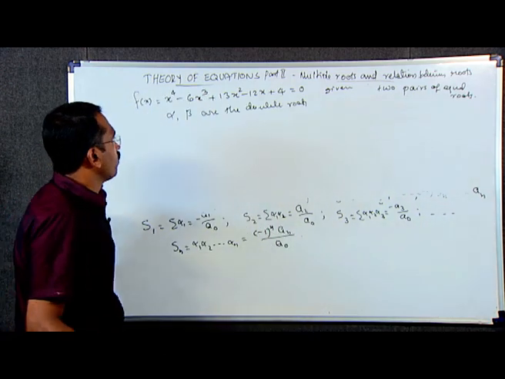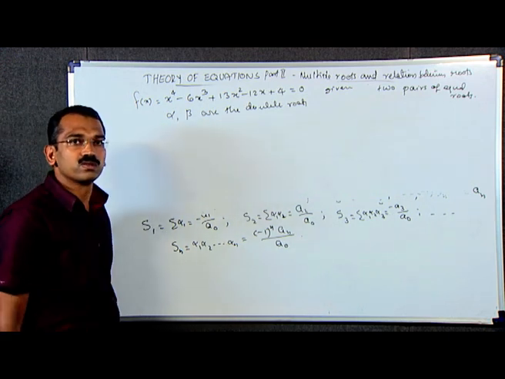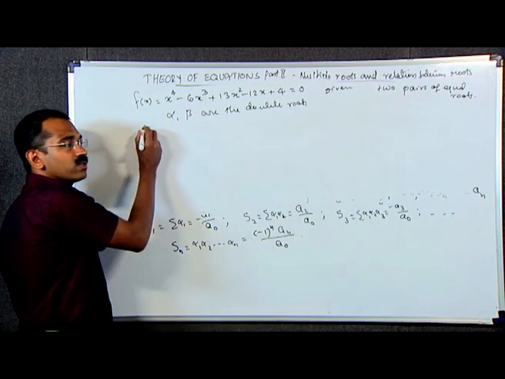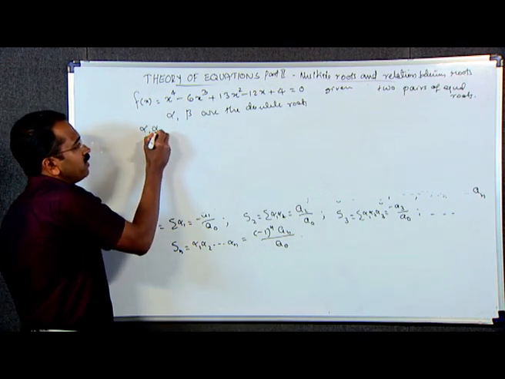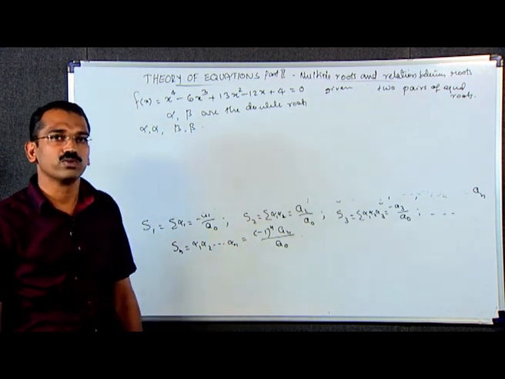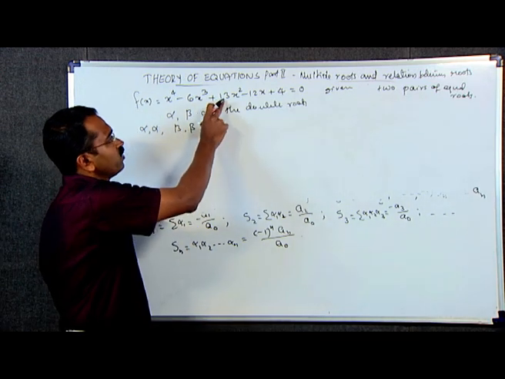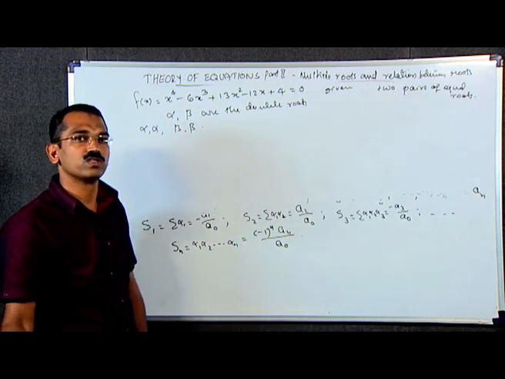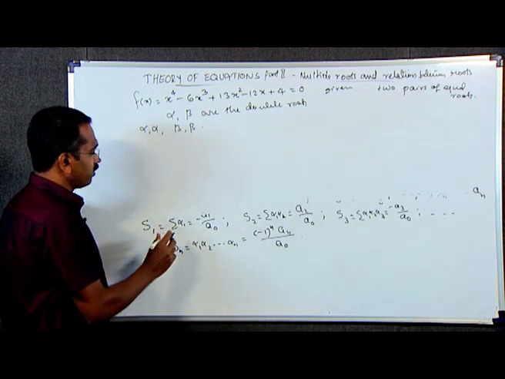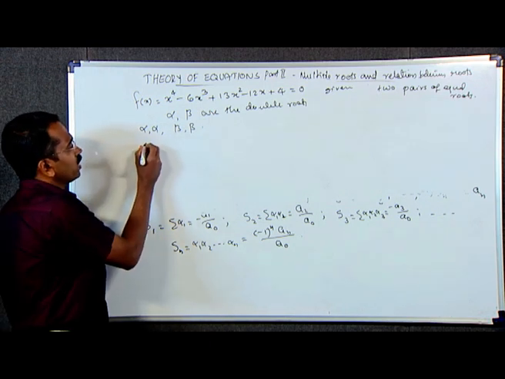Since alpha and beta are the double roots, we can say that for the given equation, the roots are alpha, alpha, beta and beta. These are the 4 roots of the equation. Now, from these relations, we can write S1.